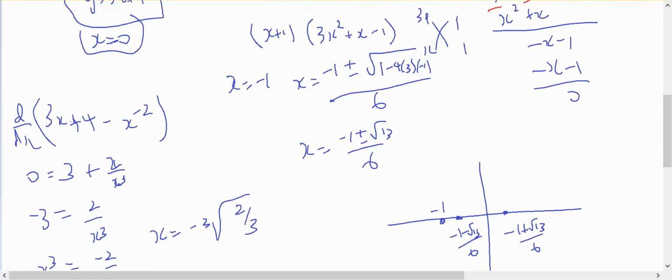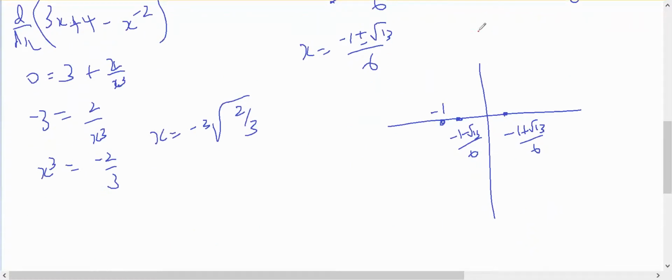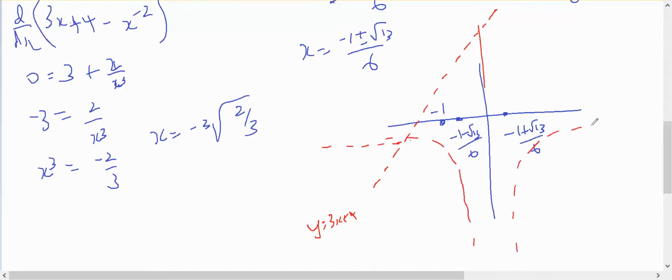So I've got the line of y equals 3x plus 4. And I have the upside down truncus. So what am I thinking?